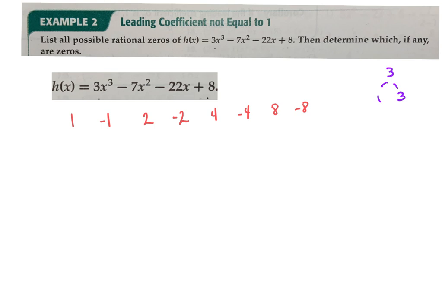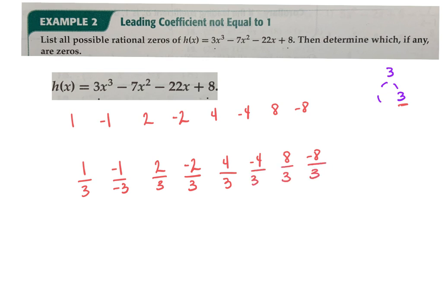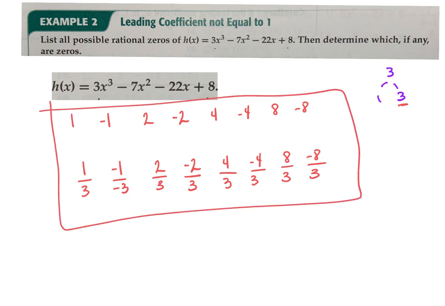But then I have to consider, if it's going to let me select it, all of these numbers then over my other factor of 3, which is 3. So I have to consider 1/3, -1/3, 2/3, -2/3, 4/3, -4/3, 8/3, -8/3. I will say list all the possible zeros. And so if I ask you to list all the possible zeros, then this guy right here would be a list of all possible zeros.